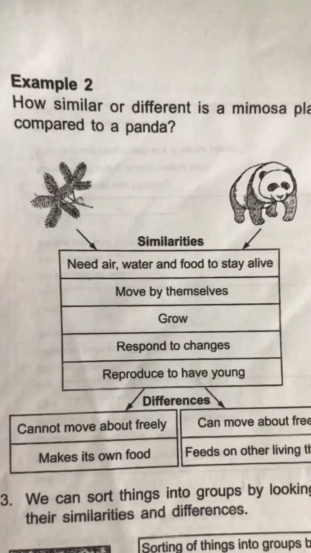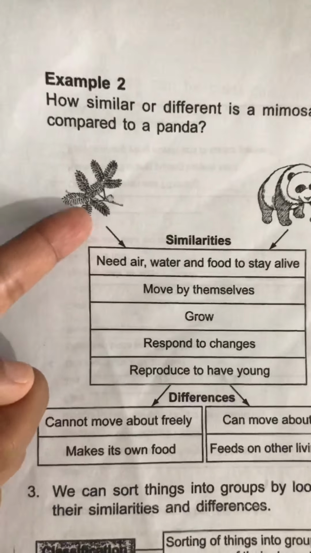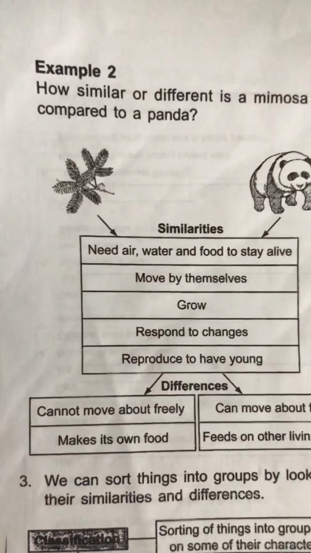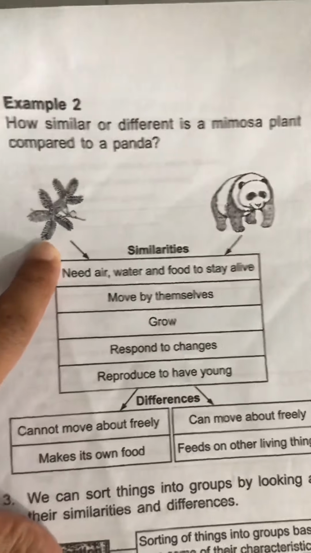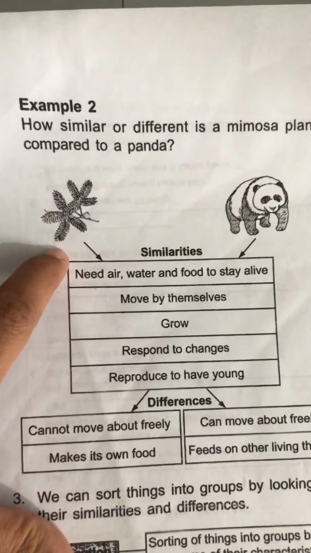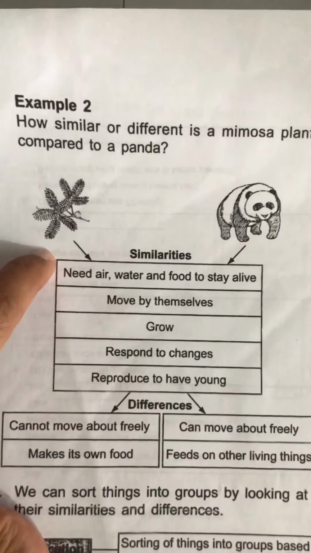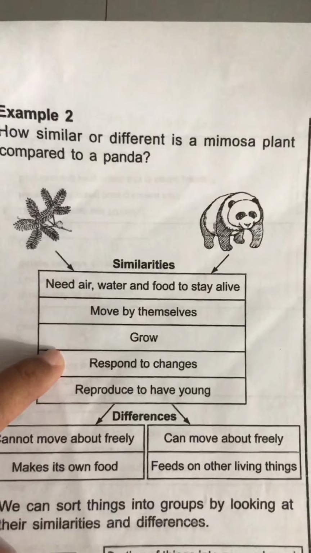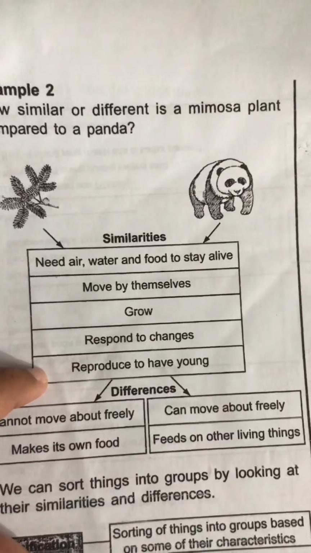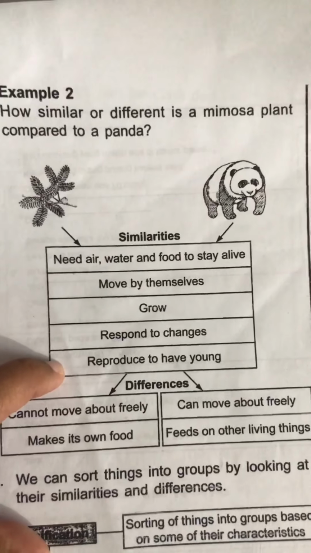Of course, this one also moves by themselves. They grow, the flower is blooming, the leaf is moving when we touch it, so we can say that this plant is moving by itself. They also grow, they respond to changes, and they reproduce to have young.